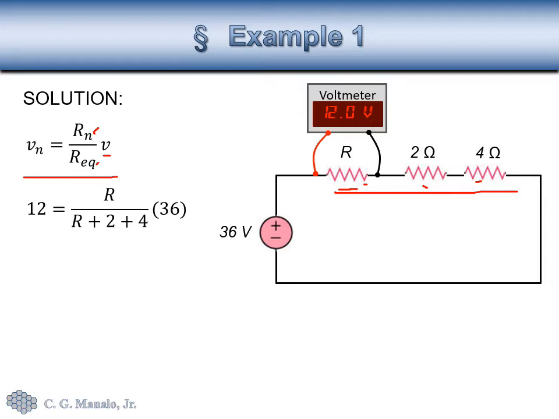Since the voltage across R is already given, and that is 12 volts, then R sub n here would be the resistance R, and the equivalent resistance would be the sum of all resistances, using the variable R here and the fixed values 2 and 4, and multiplying this ratio by the impressed voltage, which is 36 volts.